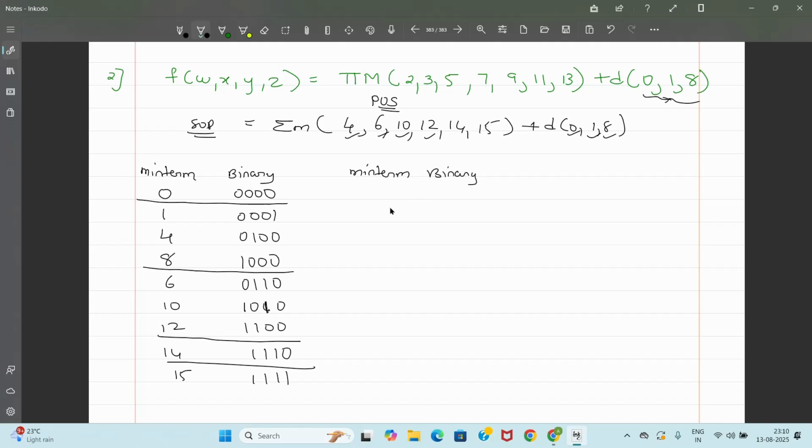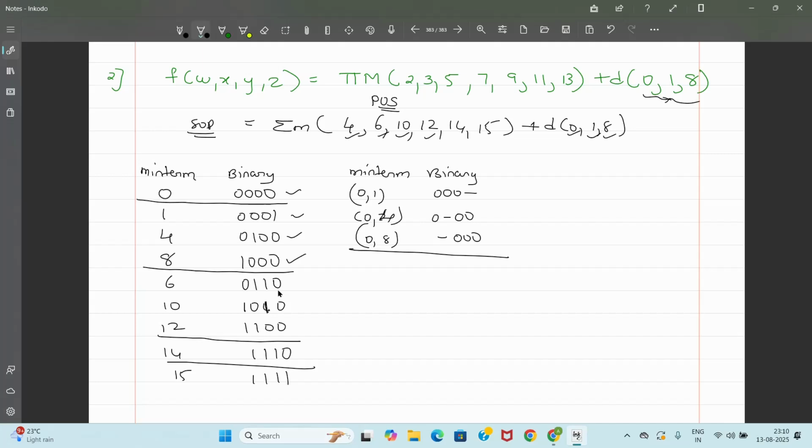Minterm and binary. 0 with 1. Yes. Can be combined. Done. Then you have 0 with 4. 0 dash 0, 0. And 0 with 8 is also possible. Yeah. Okay, this grouping is done.